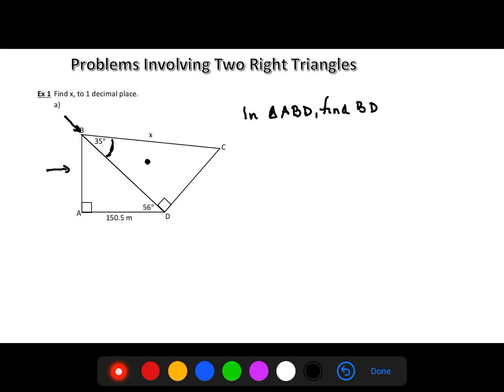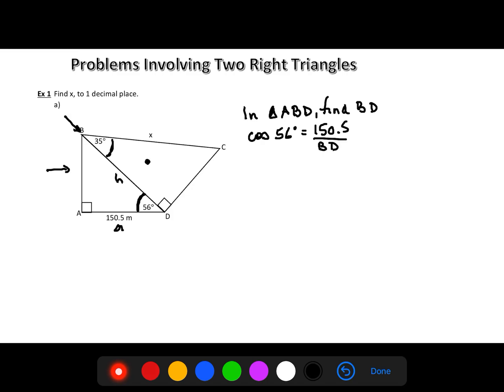So using SOHCAHTOA, we're first of all going to take a look at, relative to our 56-degree angle, we have our adjacent, and we're looking for our hypotenuse, which means that we need to use cosine.